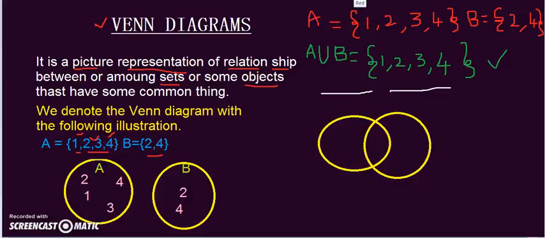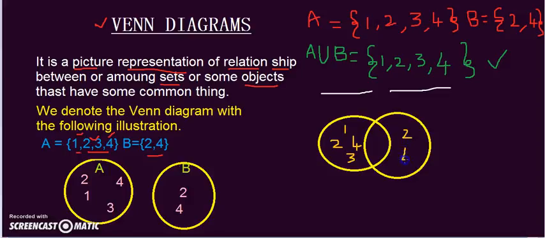So in set A, what do I have? In set A I have 1, 2, 3 and 4. And in set B I have 2 and 4, right?